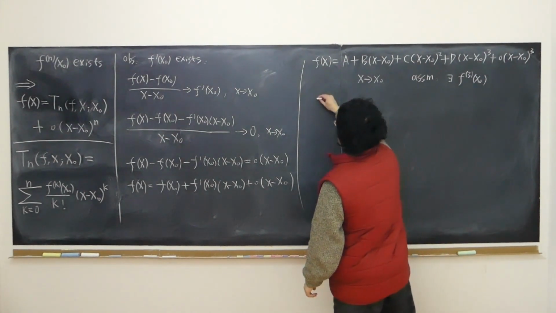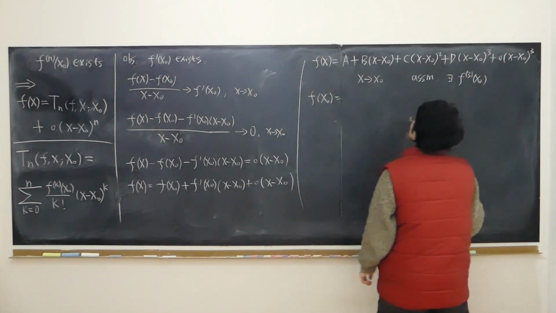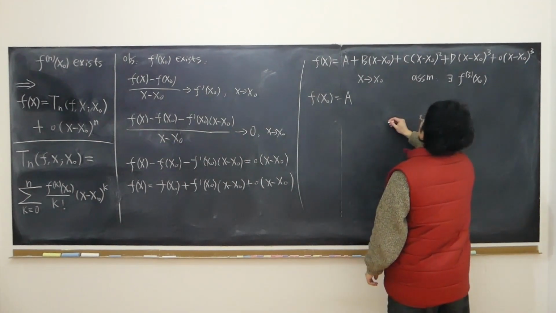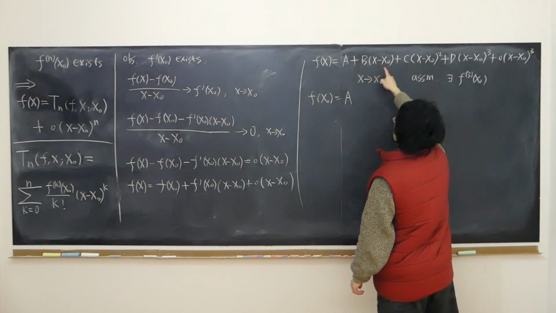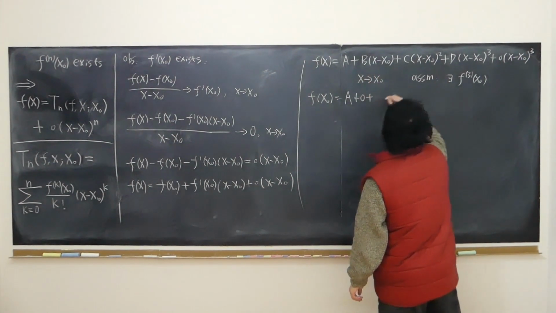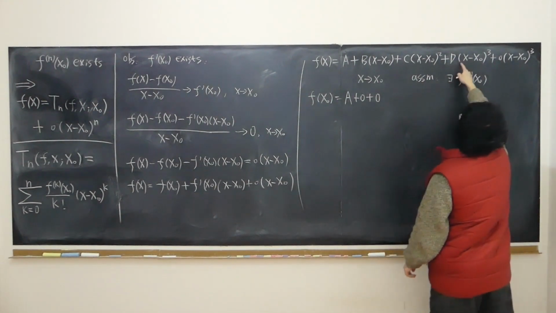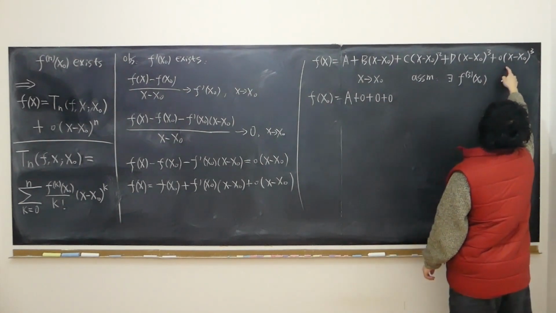Right? So on the left-hand side we have f of x naught. On the right-hand side, still A, just a constant. As x approaches x naught, this quantity approaches 0. 0 times the constant, still 0. And likewise, 0 times C, still 0. This, still 0. 0 times D, still 0. How about this? 0.